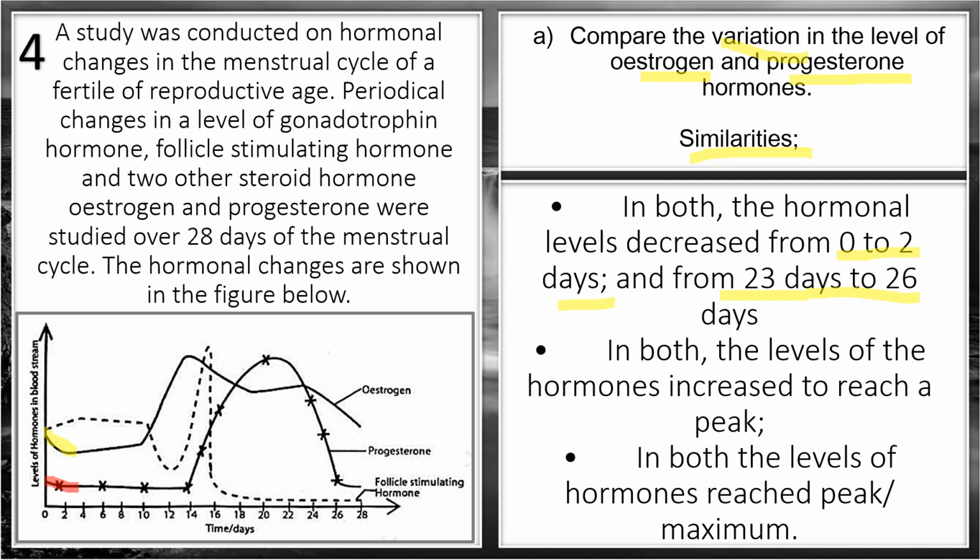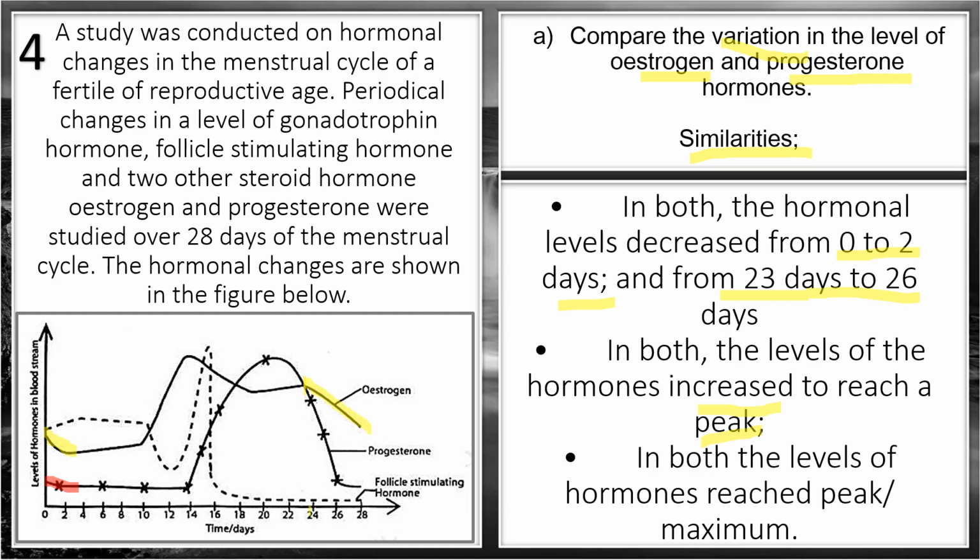Then in both, the level of the hormones increased and reached the peak. Before we go to the peak, we also saw that around the 23rd, somewhere here, all of them were decreasing.